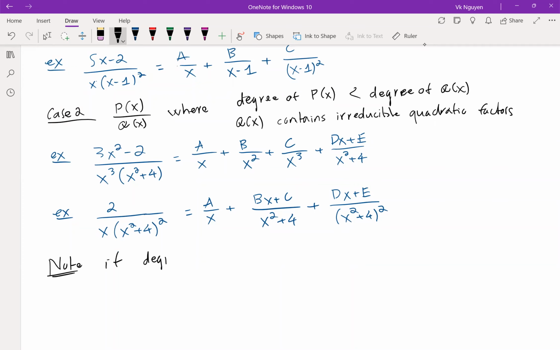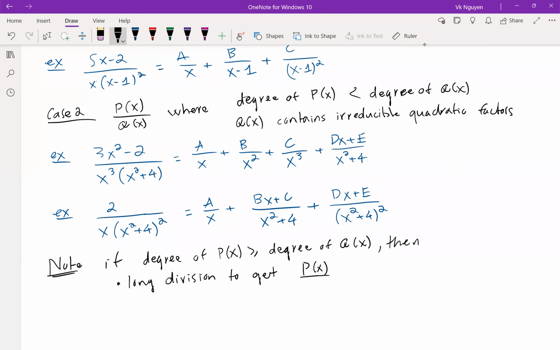If the degree of p(x) is greater than or equal to the degree of q(x), then we need to do a long division to get p(x) over q(x) into s(x) plus the remainder r(x) over q(x).